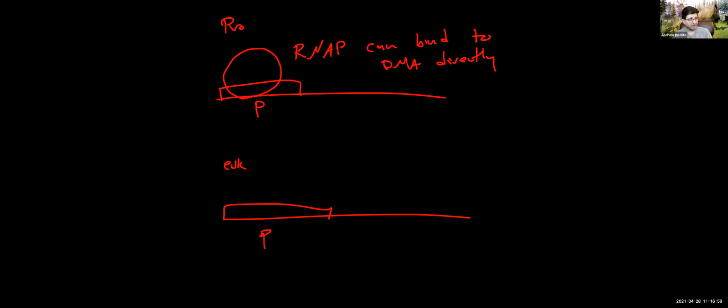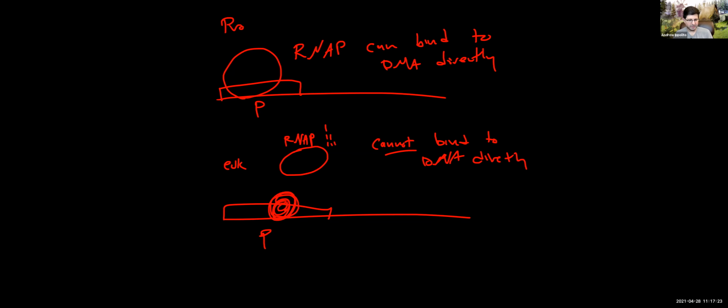Okay, in eukaryotes, RNA polymerase, all of them, RNA polymerase 1, 2, and 3, cannot bind to DNA directly. In other words, they need a protein that can bind to DNA to anchor them there.